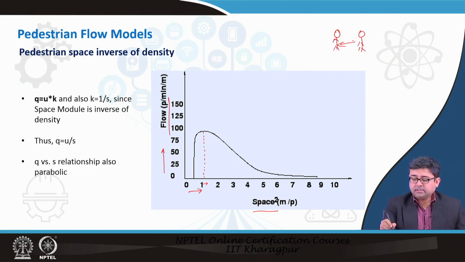Now, if this space keeps on increasing, it means there are very few people walking, because the distance between two people is so much that there are overall fewer people walking on the sidewalk.